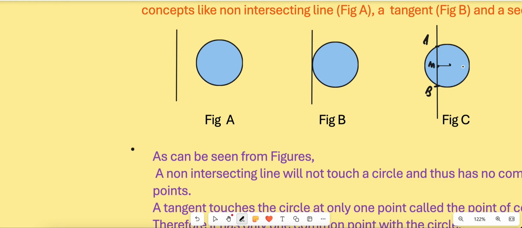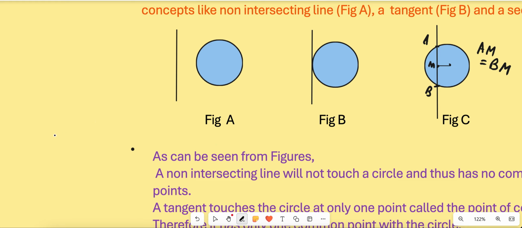If M is the foot of the perpendicular, then AM equals BM. This concept we are going to apply in the problems that we will discuss in the circles second part.